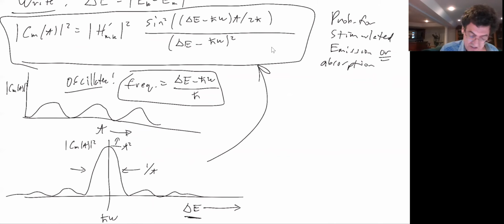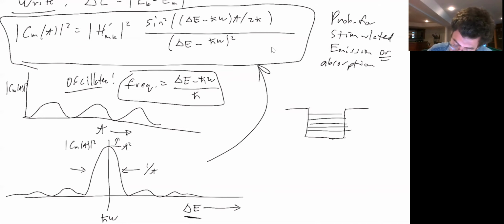Okay, and so this is important, because this is how lasers work. In lasers, you have the laser medium, atoms where you get the electrons to go up and down, up and down, in a correlated way.